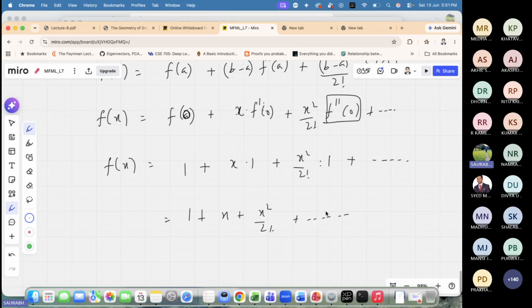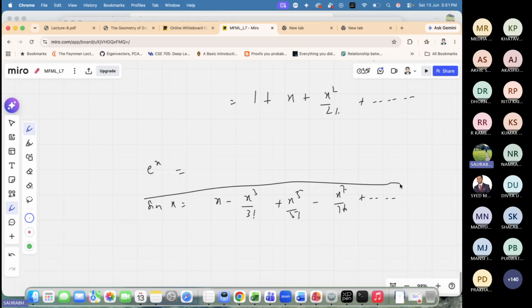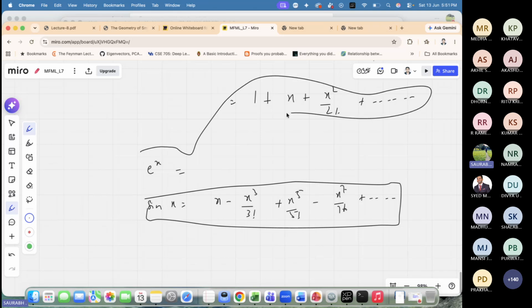So all of these series that you see, whether it is e to the power x, or sine x, which is equal to x minus x cube by 3 factorial plus x to the power 5 by 5 factorial minus x to the power 7 by 7 factorial and so on. All of these series, or what we saw as e to the power x here, right? All of these series are created using Taylor series.